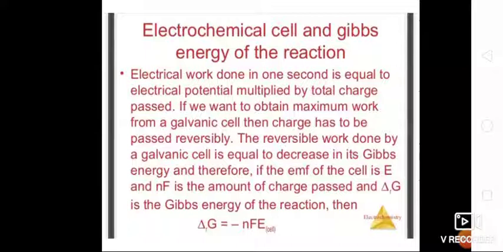Here n is the number of electrons transferred in the electrode reaction, F is the Faraday constant with value 96,500, and E cell means the electromotive force of the cell.